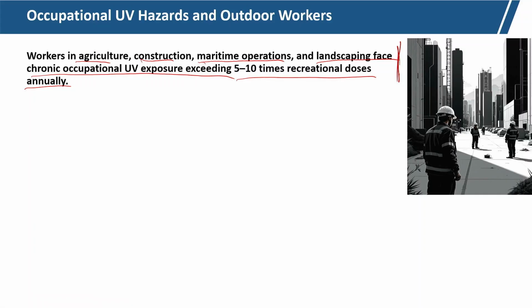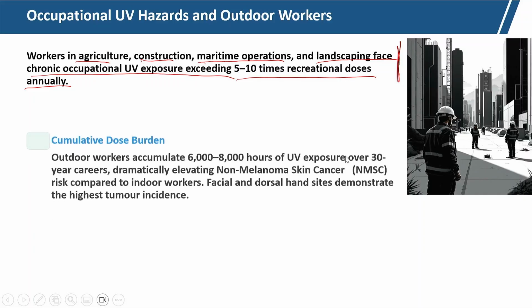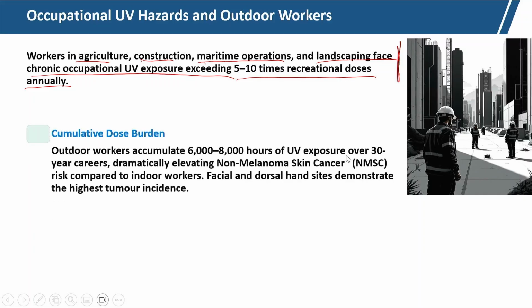So, these people, agricultural, construction, maritime operators, are most of the time exposed to the sun. So, 5 to 10 times they are exposed. So, the cumulative dose burdens are there.